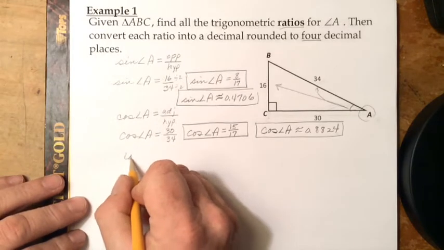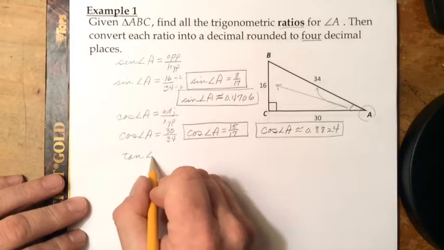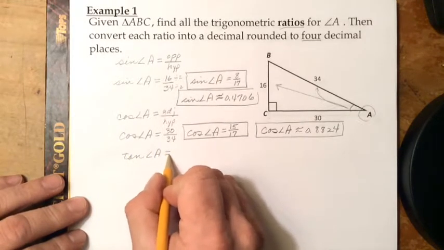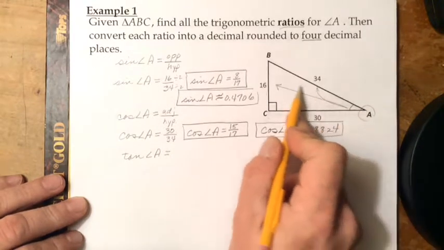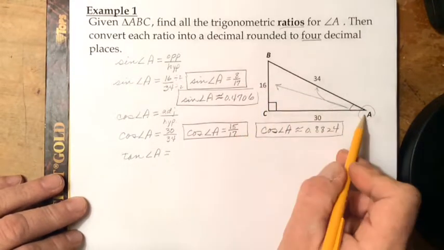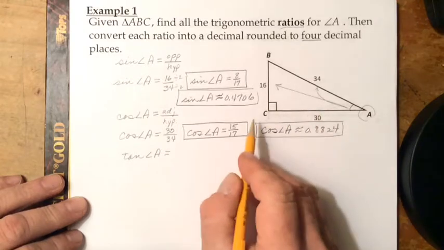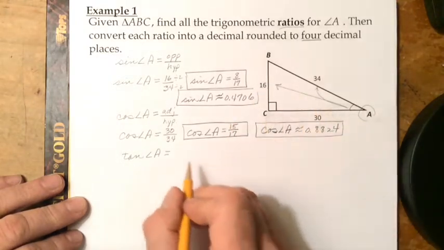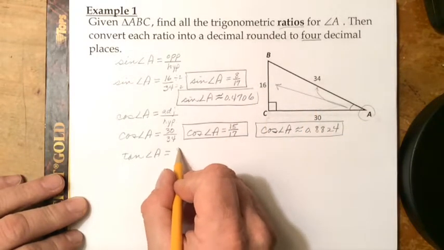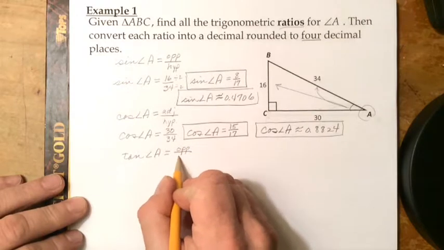And finally, the tangent of an angle, in this case angle A, is always equal to the opposite side to the adjacent side, BC to AC. So this would be opposite to adjacent.